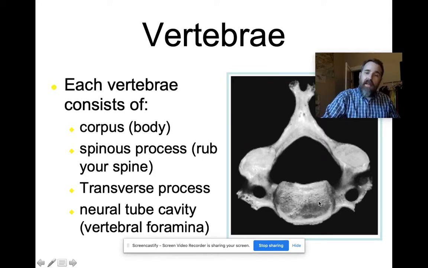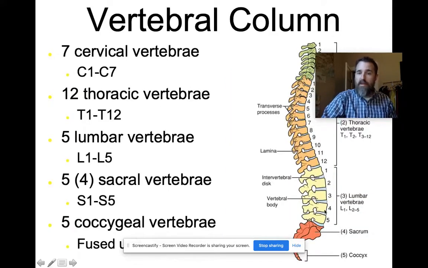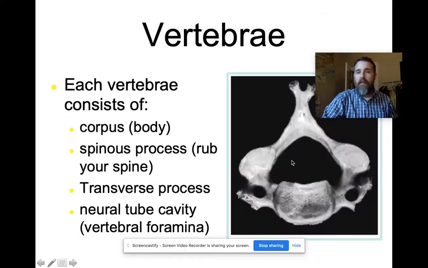What you're looking at here is the body of the vertebra, or the corpus. If we scroll back up, you can see the corpus, the corpi of all the vertebrae right here. So this is anterior, and then posterior, pointing posteriorly, you have the spinous processes.